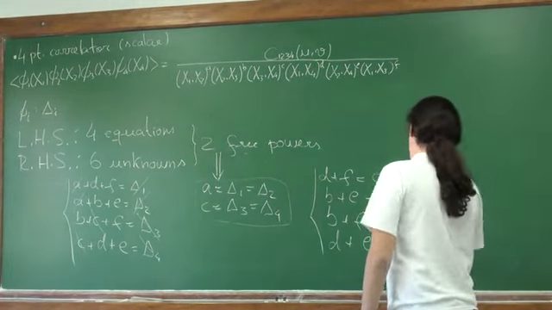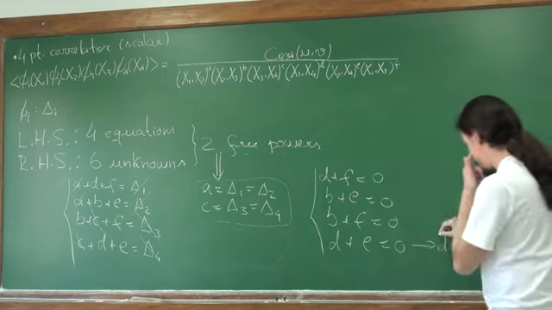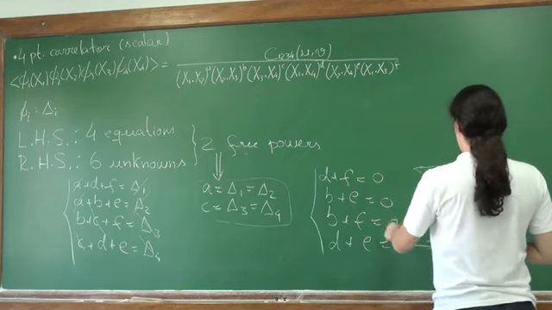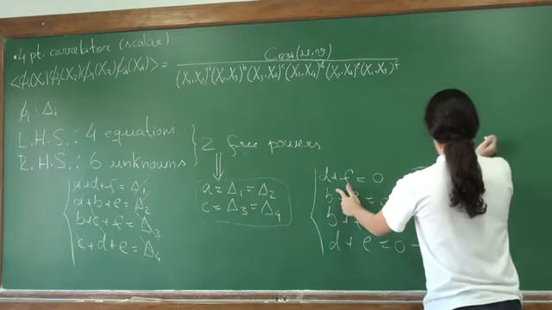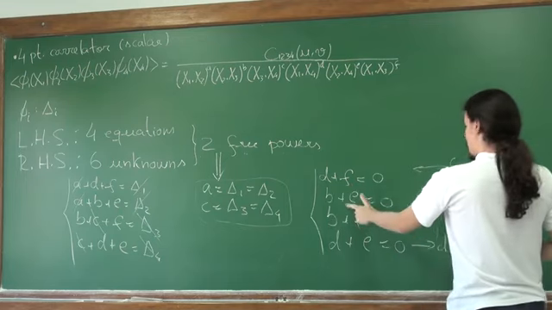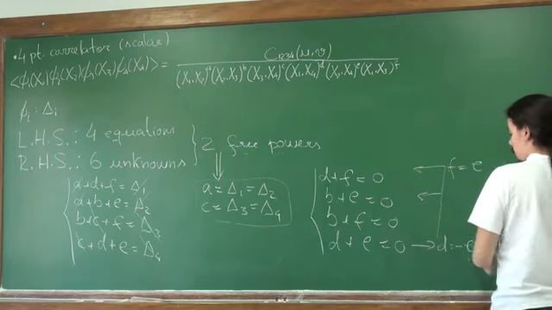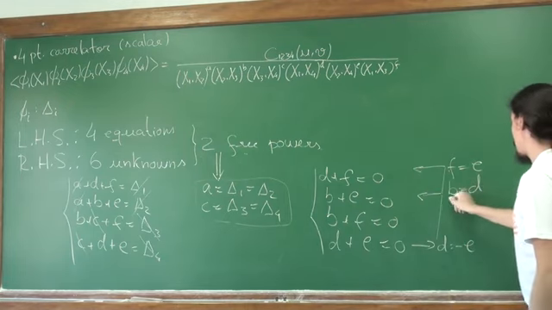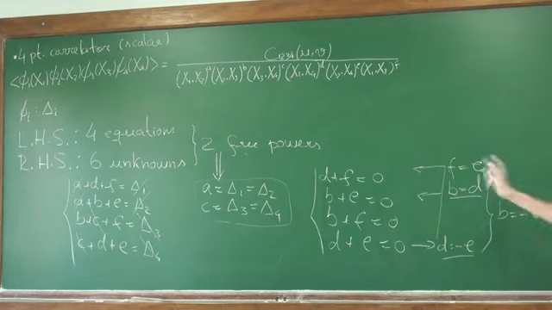Let's say I use this last equation, so D equals minus E. And then I plug this into the first and second equations. So D is minus E, so this implies that E equals F. Here, this implies that B equals minus Z, but minus Z is D, so B equals Z. And then comparing these two equations, I get that B equals minus Z. I'll give you a few seconds to check that out.